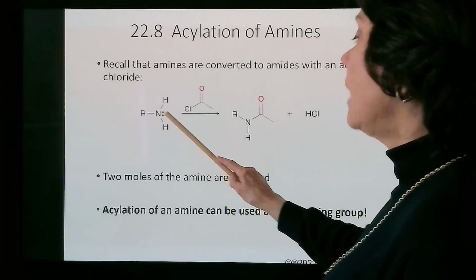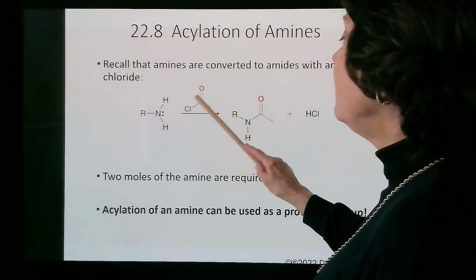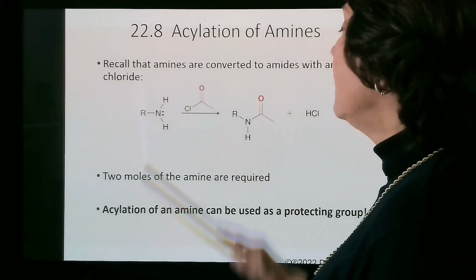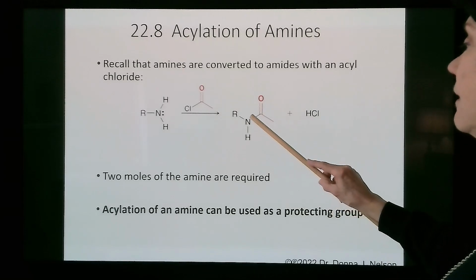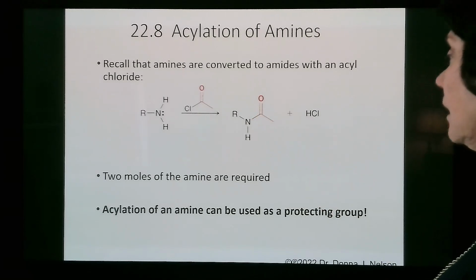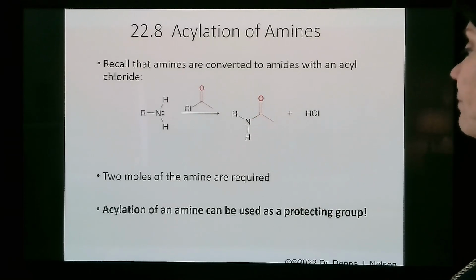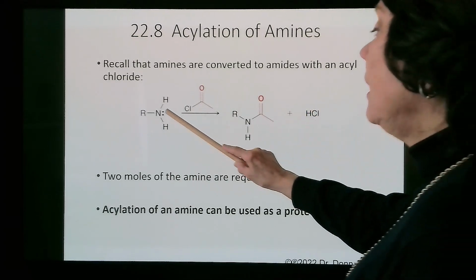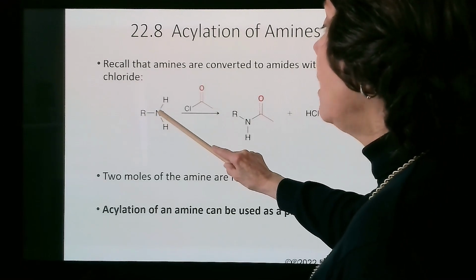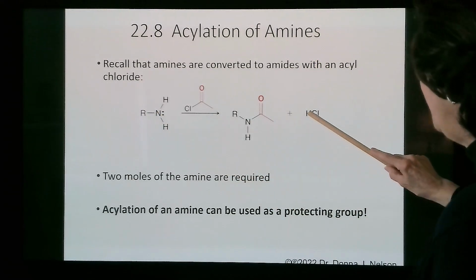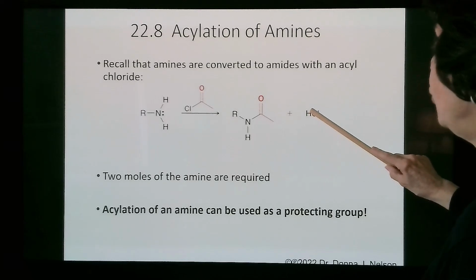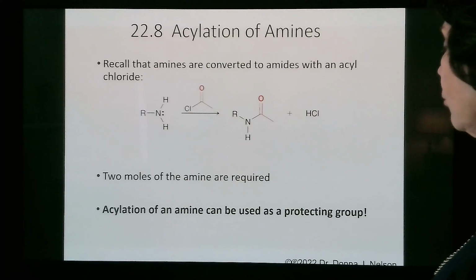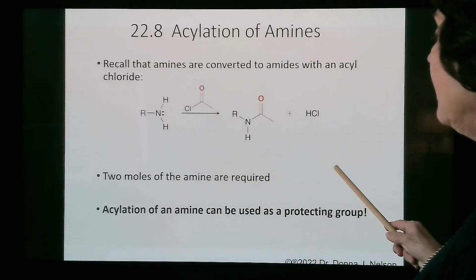And so the nitrogen does the attack, and then the chloride is lost spontaneously, and the nitrogen-carbon bond remains. Now, remember, you're generating HCl, and so you'll need a second mole of the amine in order to pick up the proton that's generated and left there with the hydrogen chloride. So 2 moles of this are required.